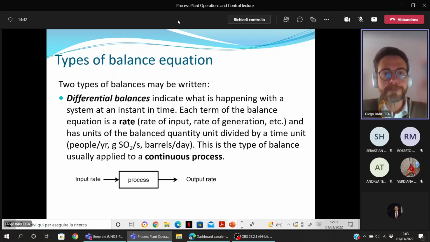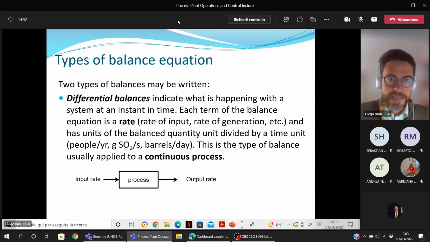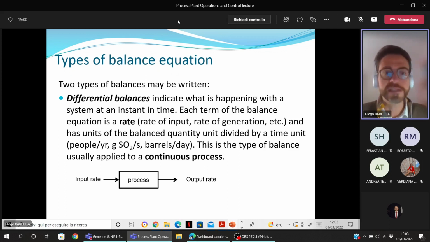Okay, so we can write two different types of balances in general. The first type is the differential balance. That is a balance in which we refer to what is happening in a unit, in a process, in a system at an instant in time.